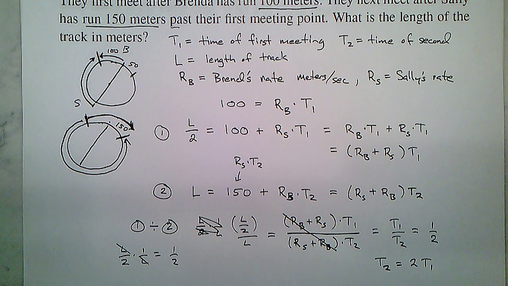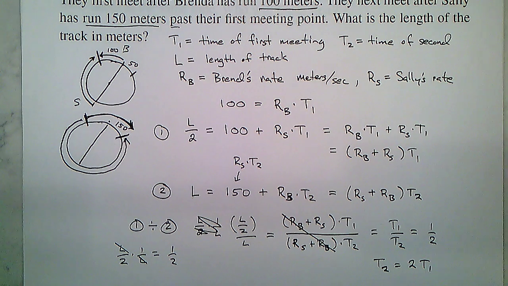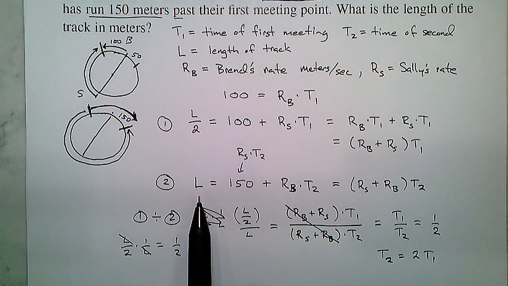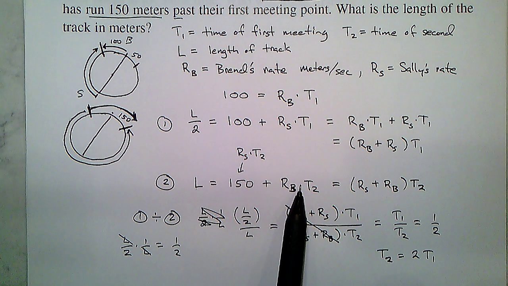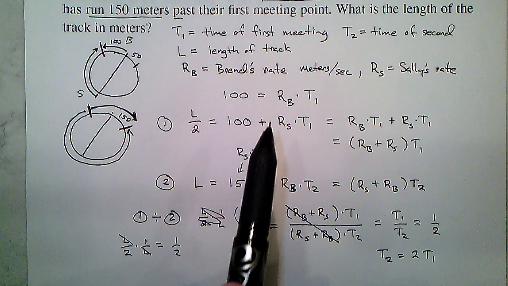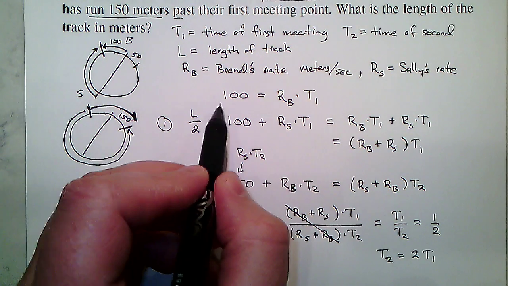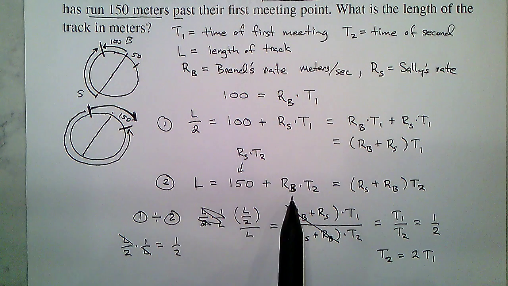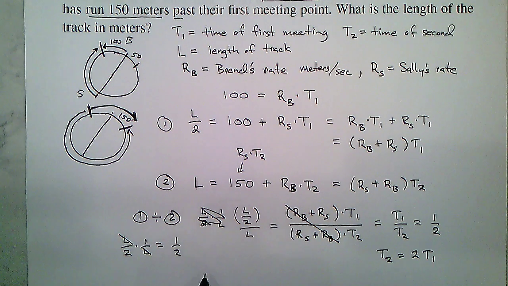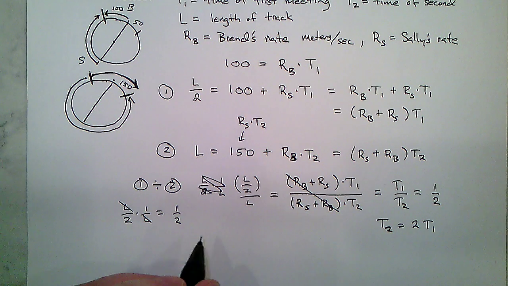All right. Well, can we use any of this? Again, we're trying to get L, and I have two different equations here with L. Oh, but look, I have a third equation here. I've got this 100 here. So let's look at equation 2, and let me scoot up and get some room.